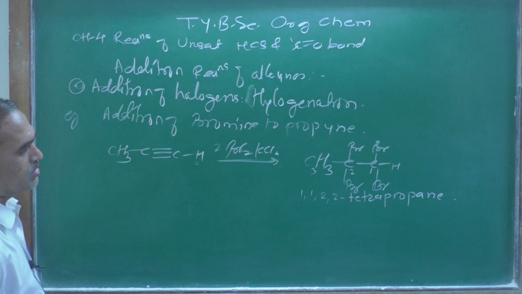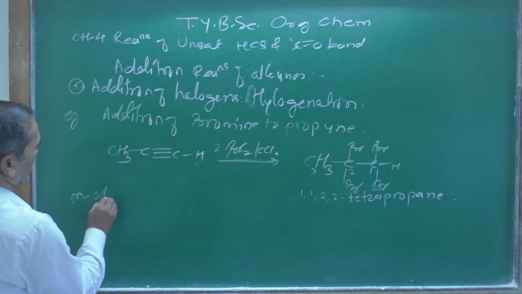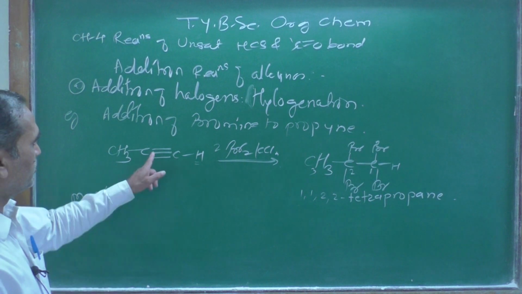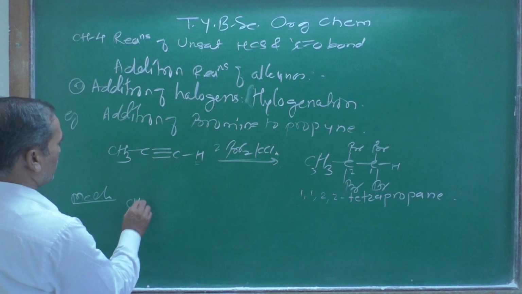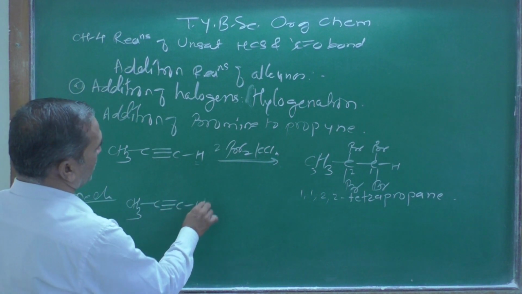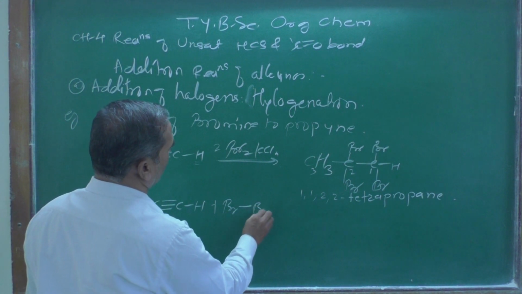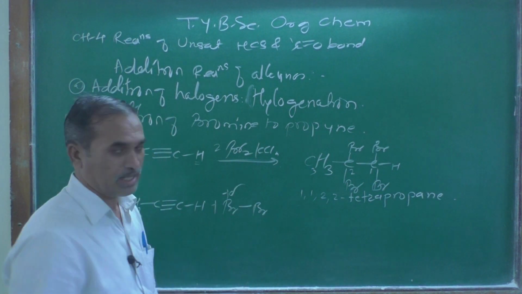Now let us look at the mechanism, how it takes place over here. The starting compound is this one, CH3, then C triple bond CH, which will be treated with bromine, and as we know, the bromine molecule gets polarized like this.